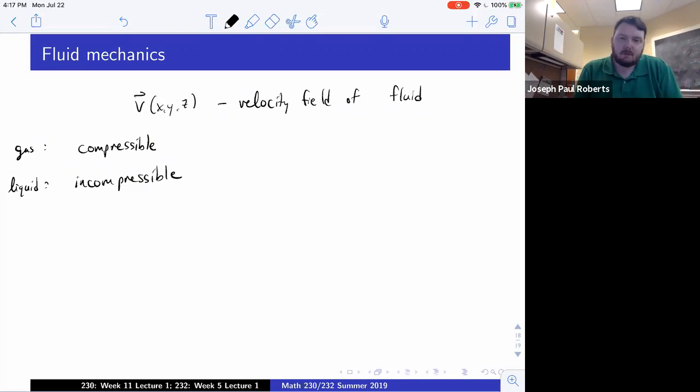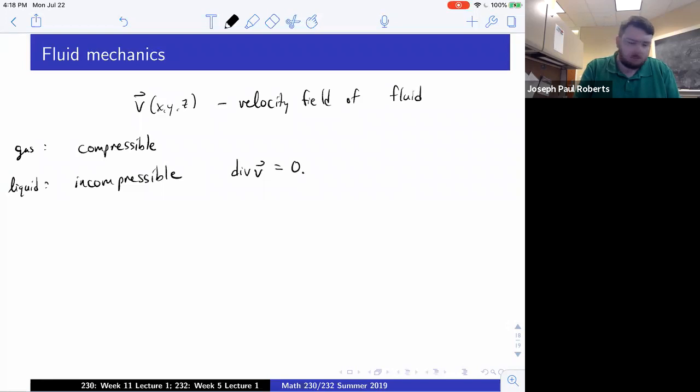And so if you remember, this idea of expansion versus contraction was a question of divergence. So if you're studying incompressible fluid mechanics, one of the restrictions you have on the velocity vector field is that the divergence of your velocity field has to be 0.